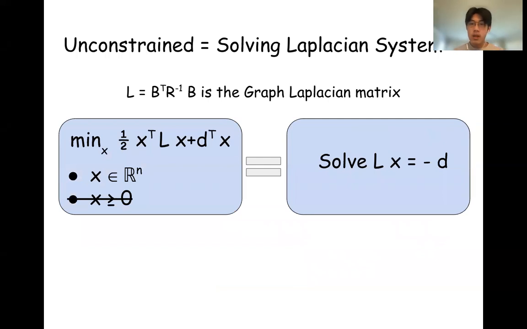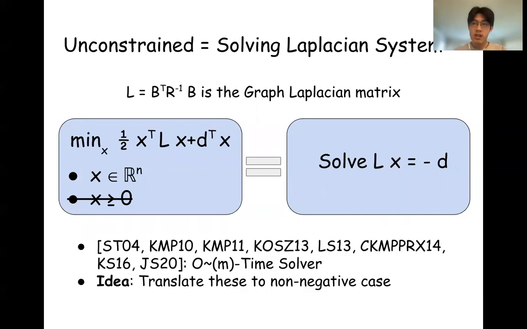So when there are no non-negative constraints, the problem is equivalent to solving the Laplacian linear system, that is, solving for x such that Lx equals negative d, where d is the demand vector.